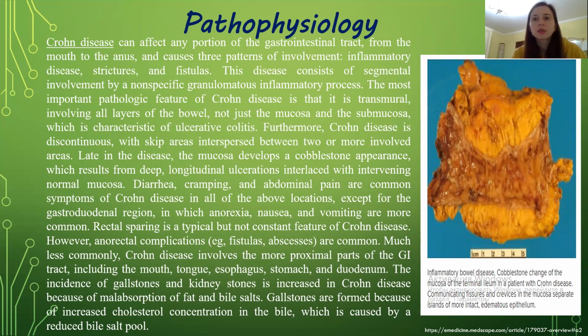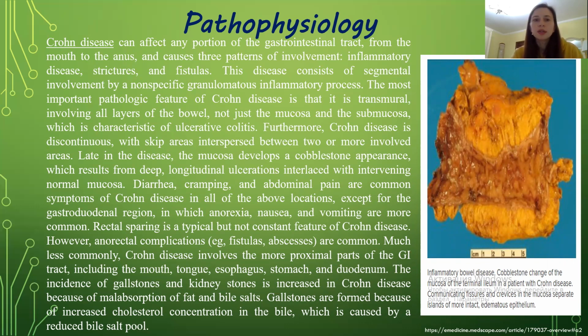The disease consists of segmental involvement by a non-specific granulomatous inflammatory process. The most important pathologic feature of Crohn disease is that it's transmural, involving all layers of the bowel, not just the mucosa and the submucosa, which is characteristic of ulcerative colitis.